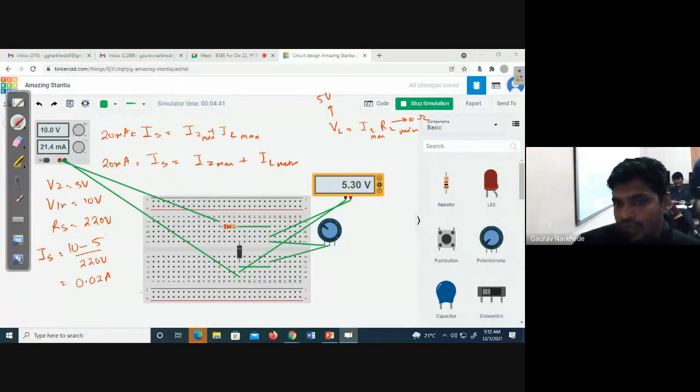ओके. सो सुनिए, IL मैक्सिमम को IZ मिनिमम चाहिए.